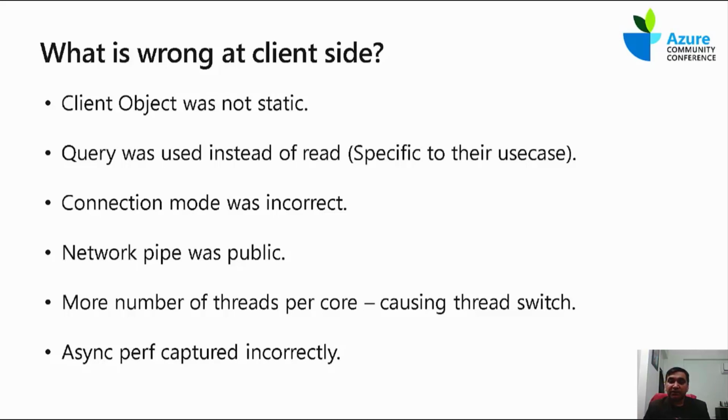Client objects. First of all, the client object has to be static. Cosmos DB recommends that you have a singleton instance for your Cosmos DB client object. Why? Because it requires a lot of metadata to be captured. Every time you perform the activity, you end up acquiring a lot of metadata, and it causes a lot of latency. So go for singleton.